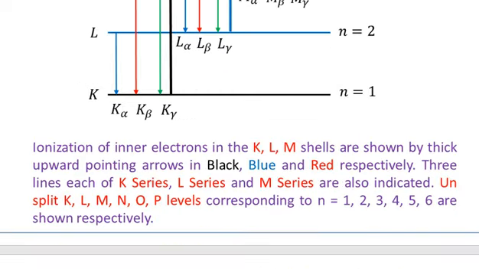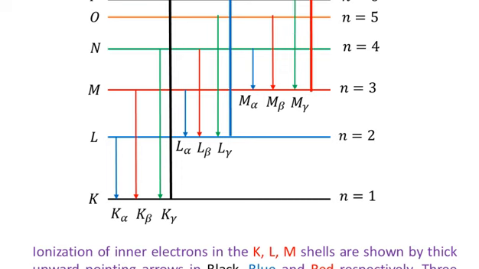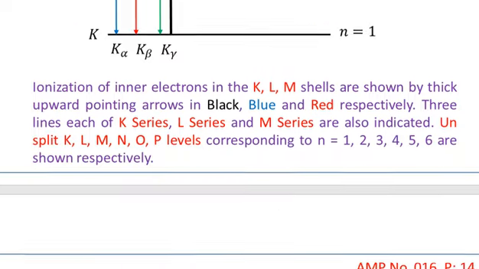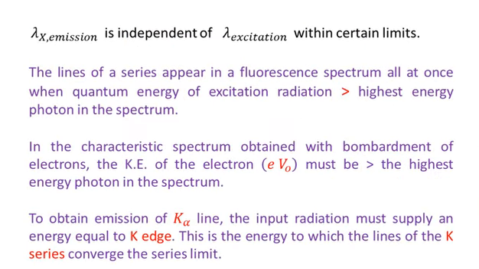So you see that if your excitation energy is very high, for example, corresponding to the O level, then of course all the transitions will immediately take place, from L to K, from M to K, from N to K, from O to K, from P to K, and so on. So at once a fluorescence spectrum can be observed immediately.